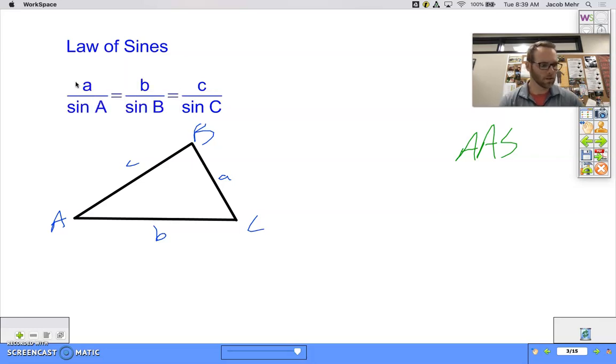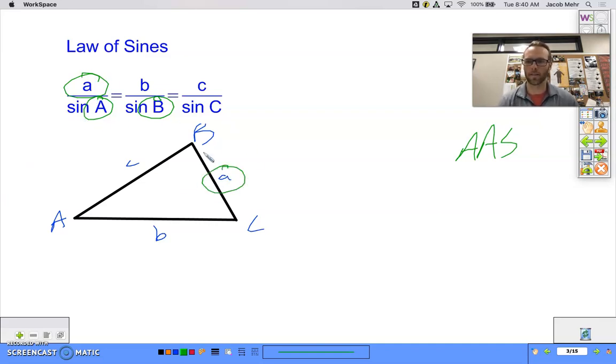Now let's look at another scenario where I gave you this angle, and that side. What does that look like? So we've got this side, this angle, that angle, and again we have angle, angle, side.